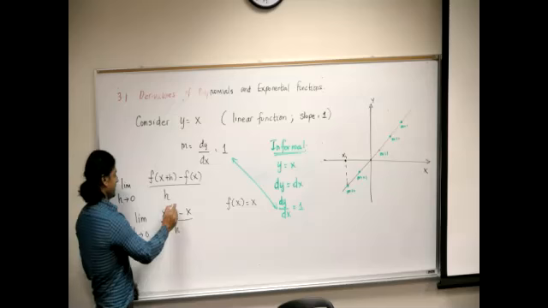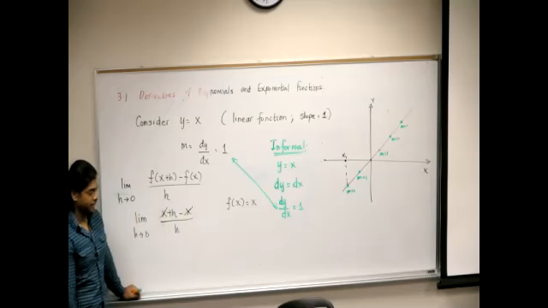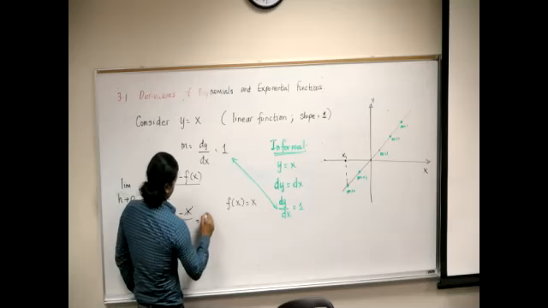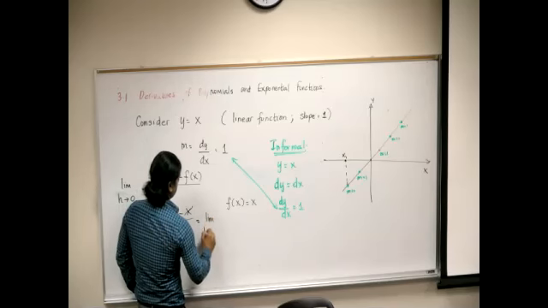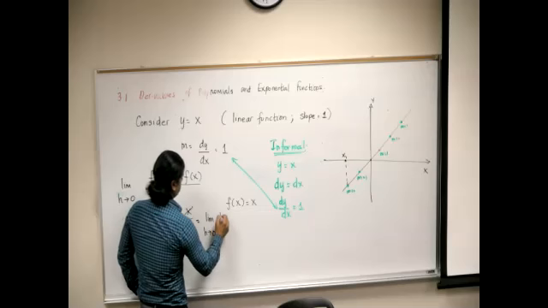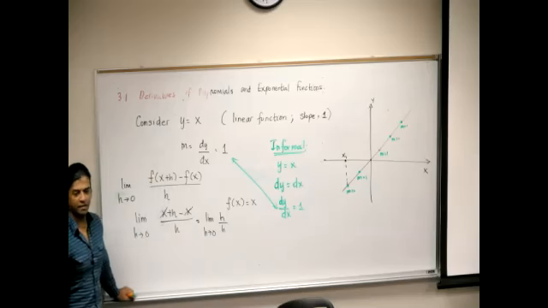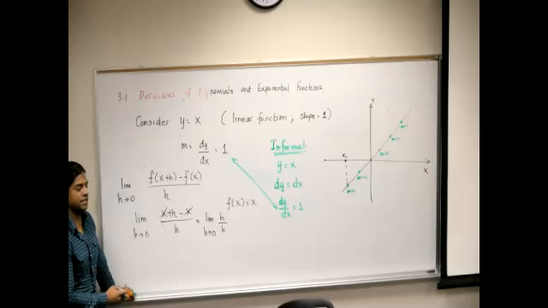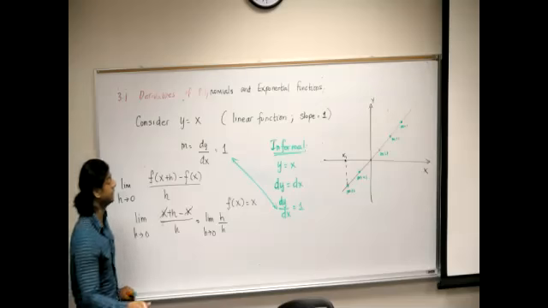Good. X and x would go away. H over h is 1. What is the limit as h approaches 0 of 1?